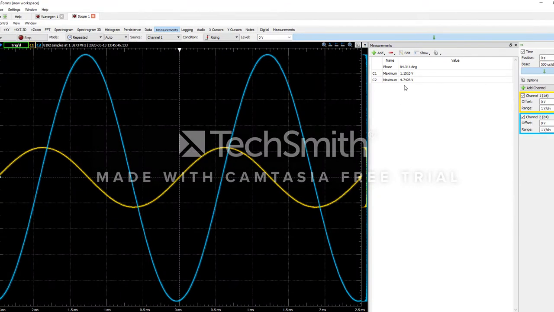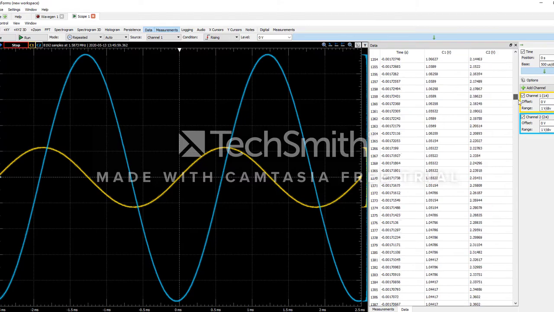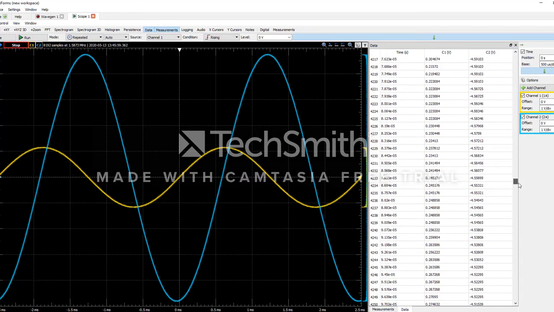So first of all, let's find the phase of the resistor voltage. Now, it looks perfectly in phase, but let's actually check it out by going to data. Stop this. So what we're going to do is find the zero crossing of the resistor voltage.